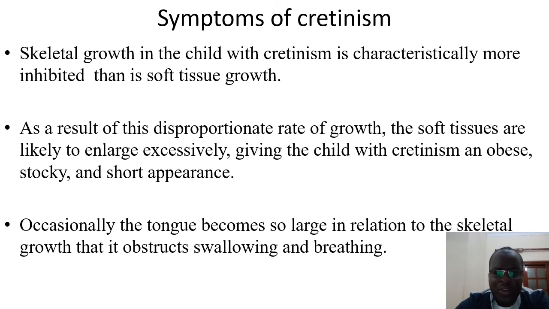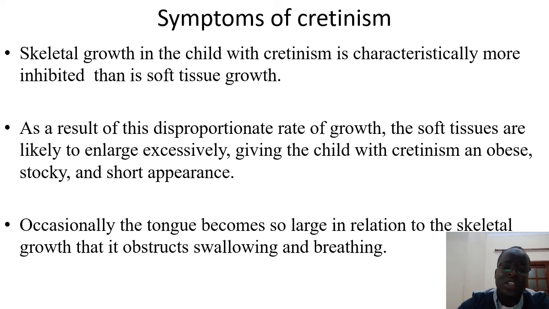So what are the symptoms of cretinism? The skeletal growth in the child with cretinism is characteristically more inhibited than soft tissue growth. So the bones are affected more as compared to the soft tissue. I told you you need a thyroid gland for the body to grow as well.